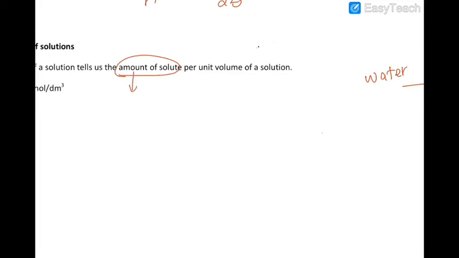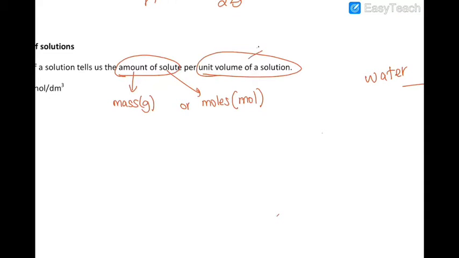The amount of solute is either measured in mass, how many grams of solute you have per volume, or it's also measured in moles: how many moles of a substance do you have per volume? And the unit volume is in dm cube.